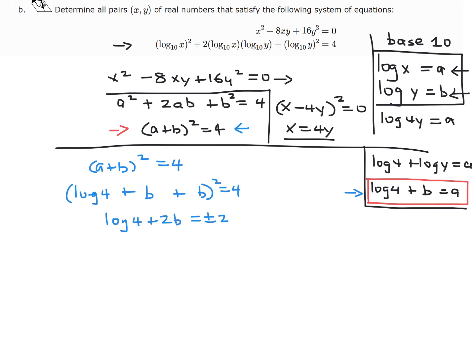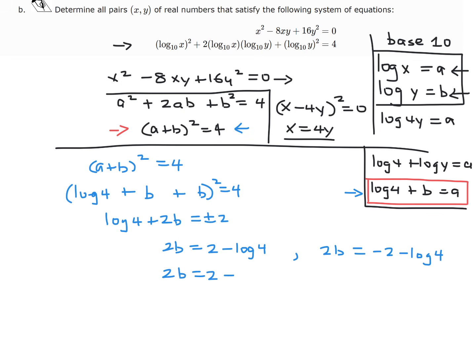So that means that either 2b is equal to 2 minus the log of 4, or it means that 2b is equal to minus 2 minus the log of 4. Okay, so this is 2b.